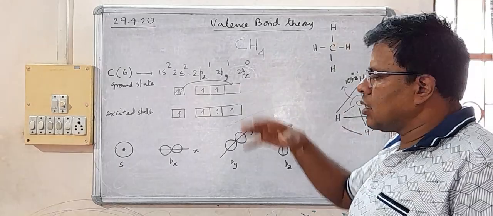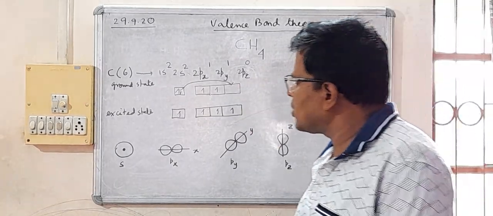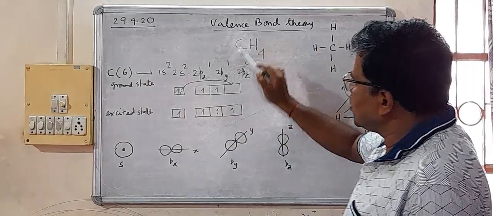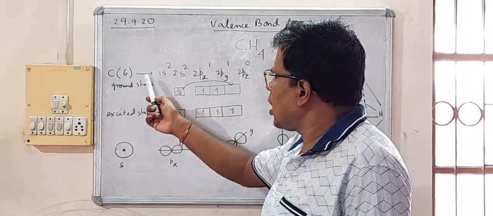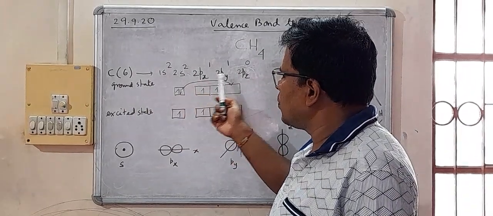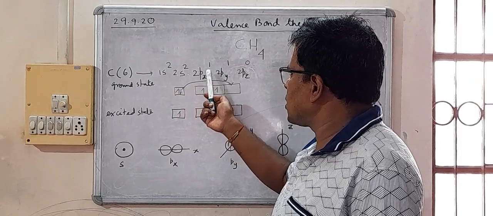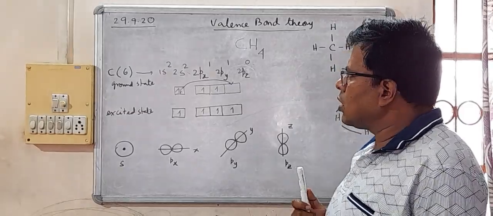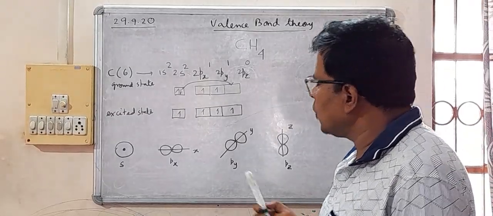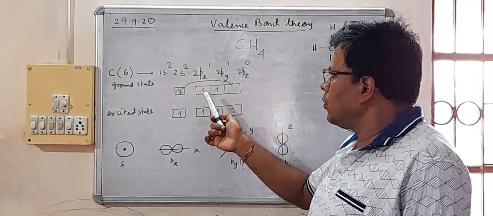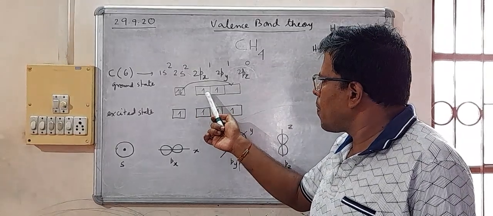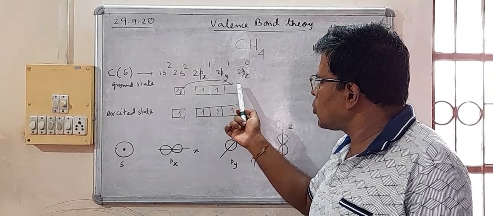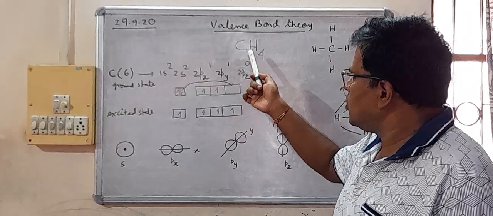So let us do it like this. First of all, since the central atom is carbon, carbon's ground state configuration is 1s2, 2s2, 2px1, 2py1, 2pz0. Here you see there is no electron in 2pz.